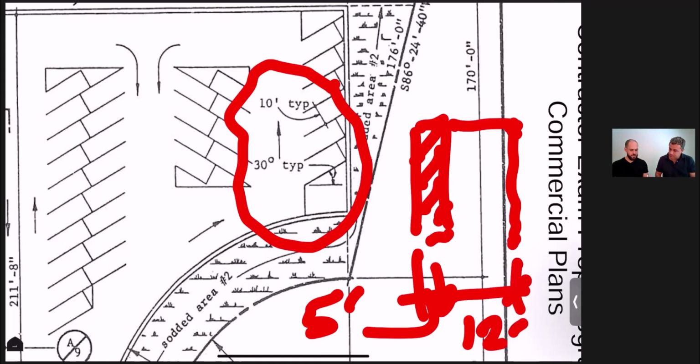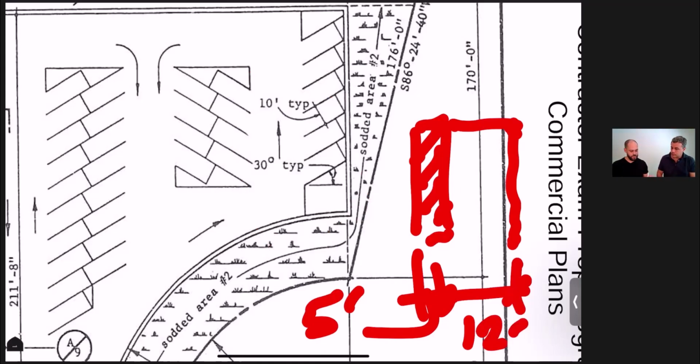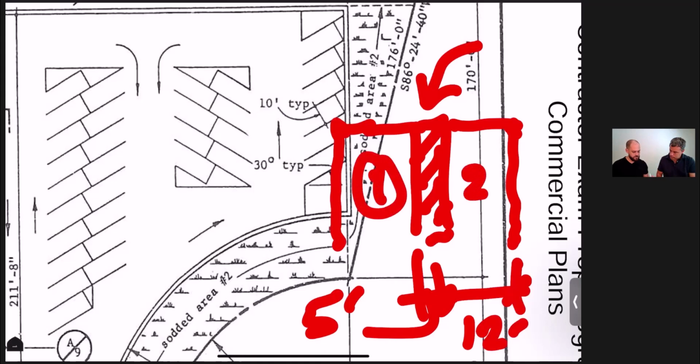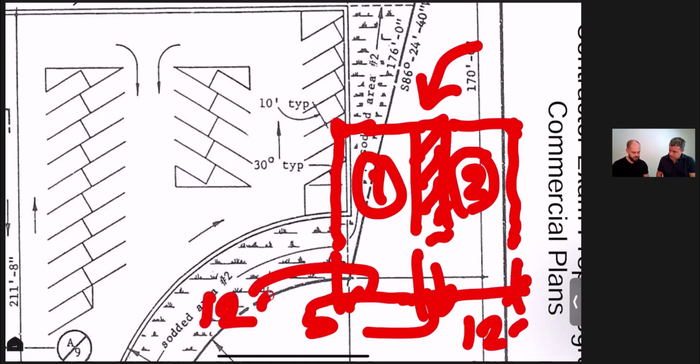You have to remember that an access aisle can be shared between two parking spaces. That's right. So if this is our access aisle right here, and we have two parking spaces, 1 and 2, this is 12 feet, the access aisle is 5 feet, and the next spot is 12 feet.